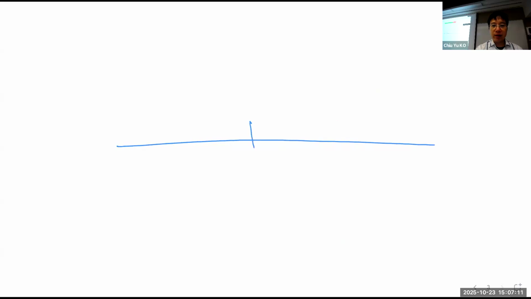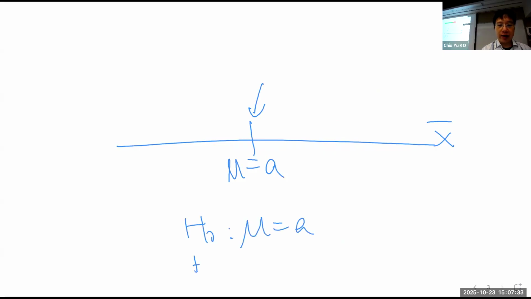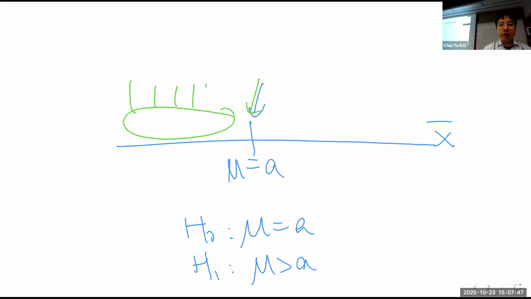So suppose you claim your mu is A here, right? If your data is exactly mu, which is A, then you would just say H0 is true, right? And it's somewhere nearby. So suppose our case is mu is A, and our H1 is mu is bigger than A, right? So in that case, if our data is here or even here, then we will not reject our null, right?